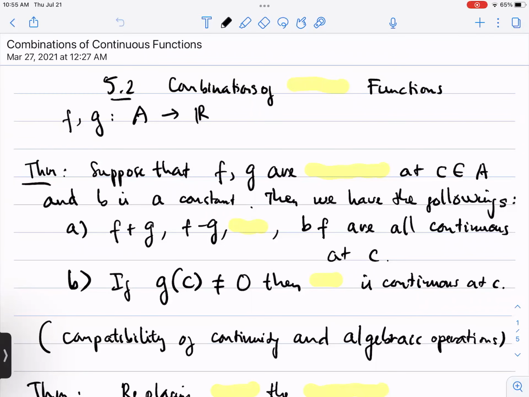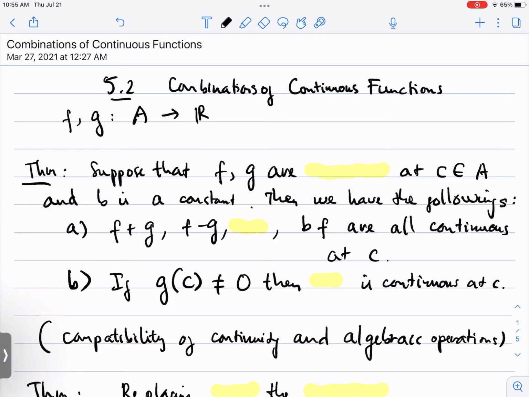Hello everyone. Today we discuss combination of continuous functions. In this session, we consider functions f and g, and they are defined from some subset A to the set of all real numbers.